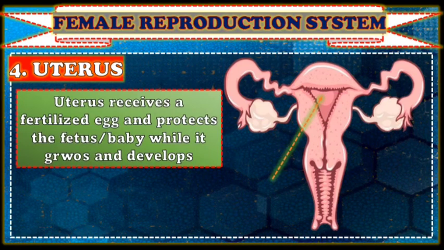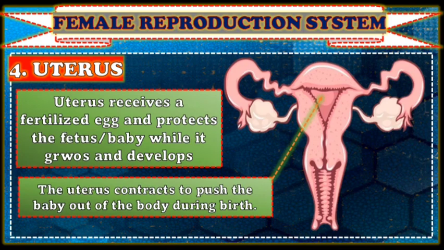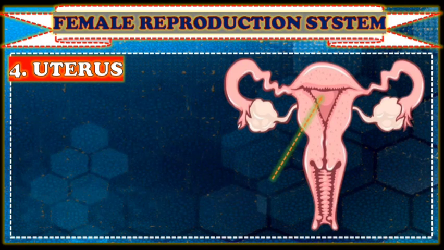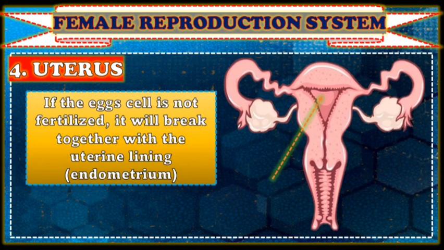The uterus receives a fertilized egg and protects the fetus, or baby, while it grows and develops. The uterus contracts to push the baby out of the body during birth. If the egg cell is not fertilized, it will break down together with the uterine lining, or endometrium.